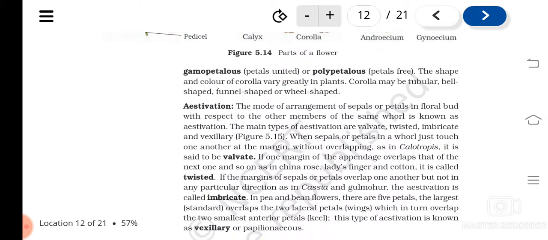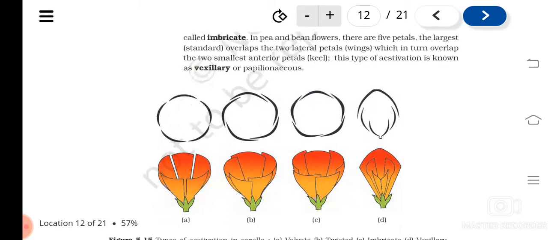Now I have explained the estivation. What are the different types of estivation? Estivation is the arrangement of sepals or petals in the floral bud. There can be different types like valvate, twisted, imbricate, and vexillary. In valvate, the sepals or petals are not overlapping; they are just touching each other.